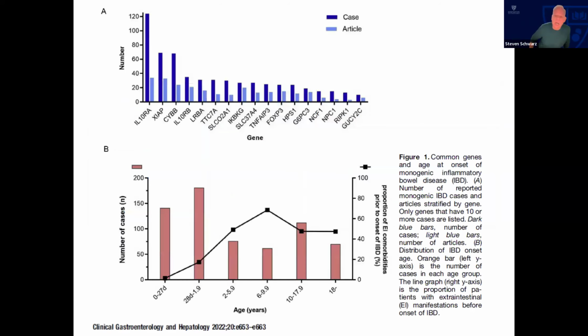If we look at common genes and the age of onset of monogenic inflammatory bowel disease, related to the genes I've shown you on the past slides, the most common is IL-10 receptor. This is the number of all of these cases. As a single monogenic cause of disease, it is the most common.